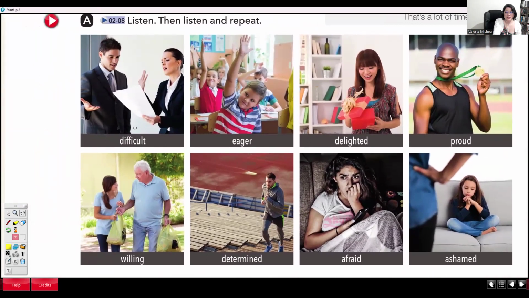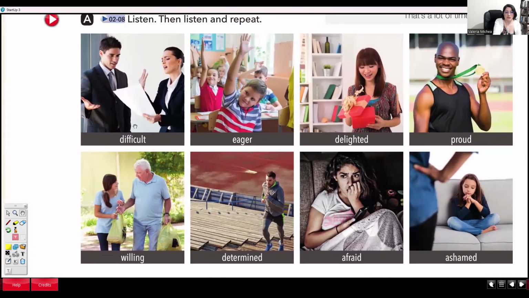But I can use it to describe someone's personality. Remember that previously we were talking about personality? So what does difficult mean when I talk about personality? Try not to use Spanish. Tell me in English. How can you describe a person who is difficult?